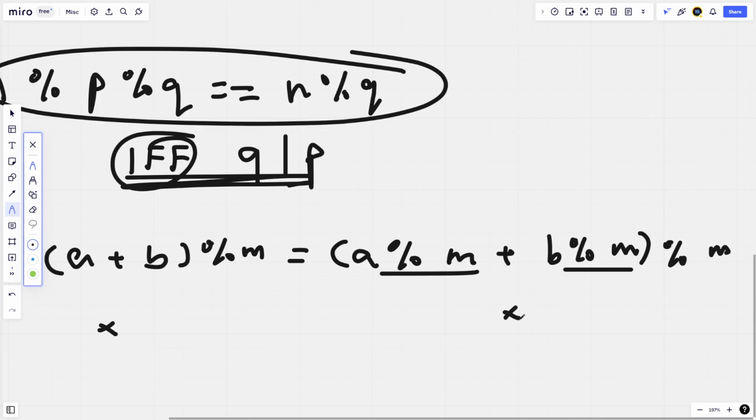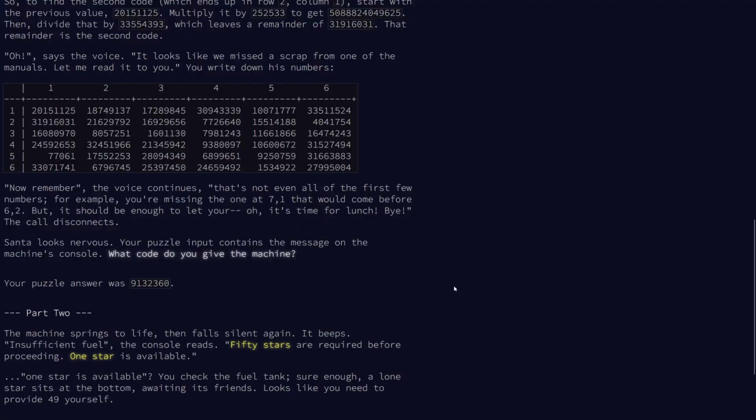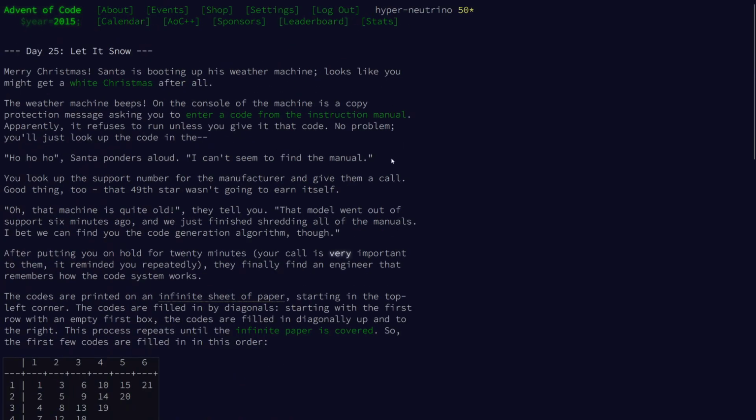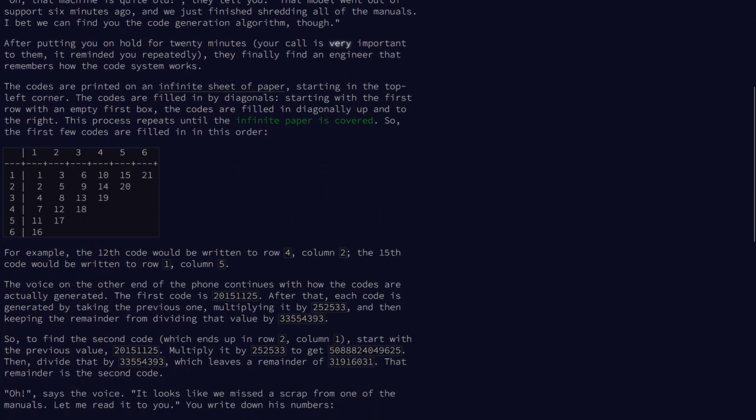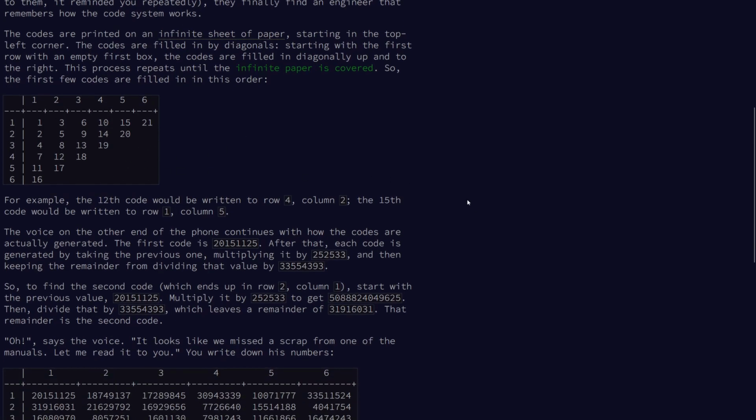And finally, we talked about the modpow and how to do it the naive way, but also how to do it the more intelligent way by using binary deconstruction to avoid having to loop the same number of times as our exponent. And finally, we went over a quick solve of 2015 day 25, both including a bonus with the Gaussian summation thing, getting our position, and then we just need to use modpow to figure out what the key at that position is.